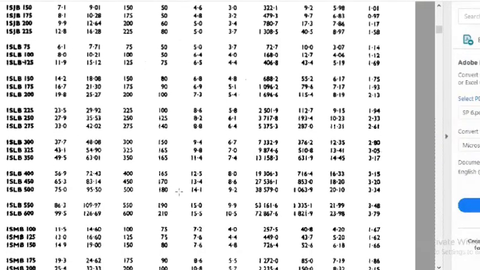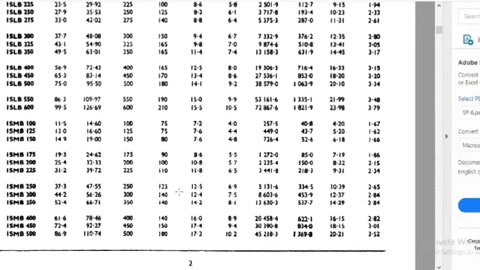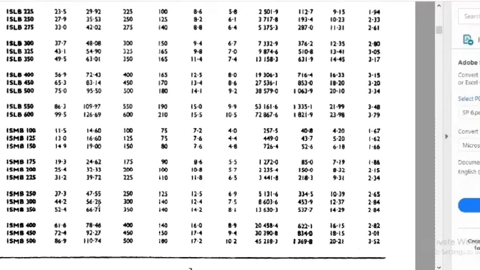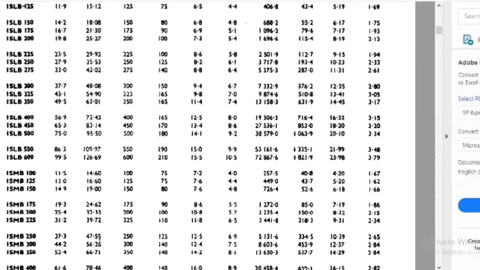So I'm choosing a section of ISMB 300, and its sectional area is 5626 millimeters square. This is given in centimeters square, but better converted into millimeters square, and jot down all the properties and dimensions for this I-beam.